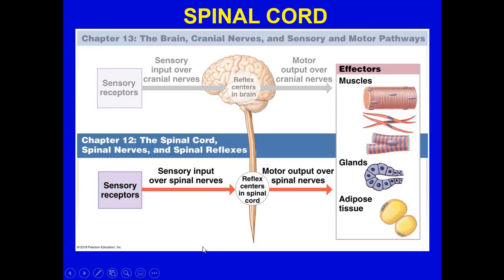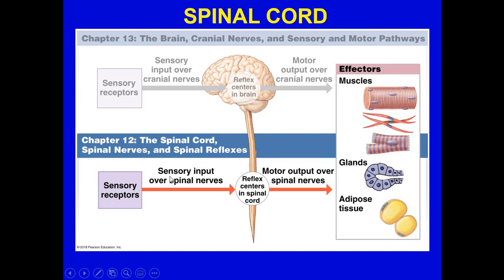Now, if we take a look at this diagram here, we see that in chapter 12, we're going to explore the spinal cord independent of the brain. The brain's cranial nerves and sensory and motor pathways, that's all going to be chapter 13. That's already recorded.